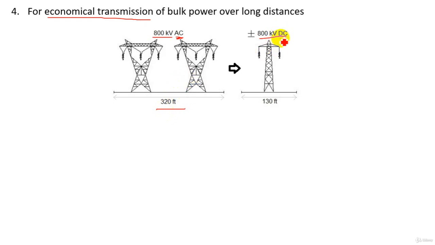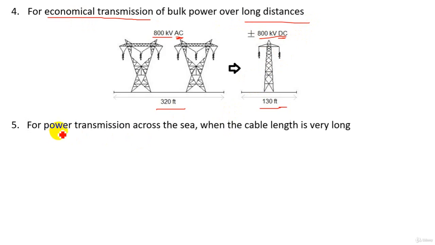But if we use DC voltage and the transmission voltage is bipolar 800 kilovolt, in this case, we will use one transmission tower and the width of the tower will be 130 feet. So here the cost of the transmission is absolutely decreased in case of high voltage DC transmission. So that means economical transmission in case of high voltage DC over long distances.